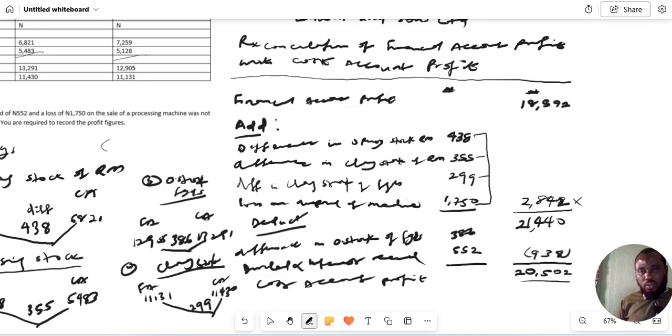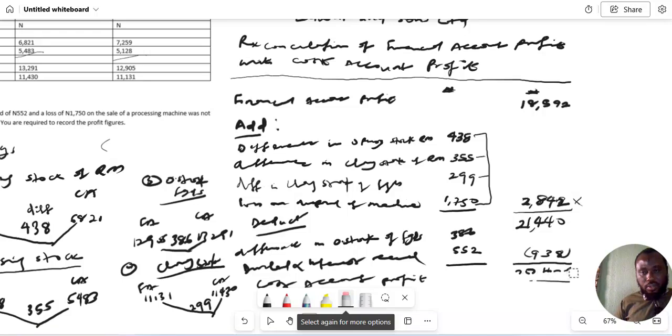That is the beauty of accounting. You have to be able to verify your figures to show the accuracy. So minus this will give us 20496. Let me delete that.